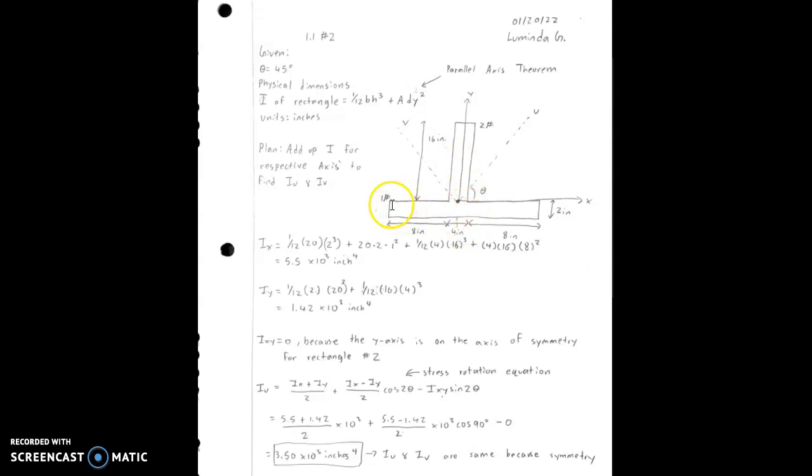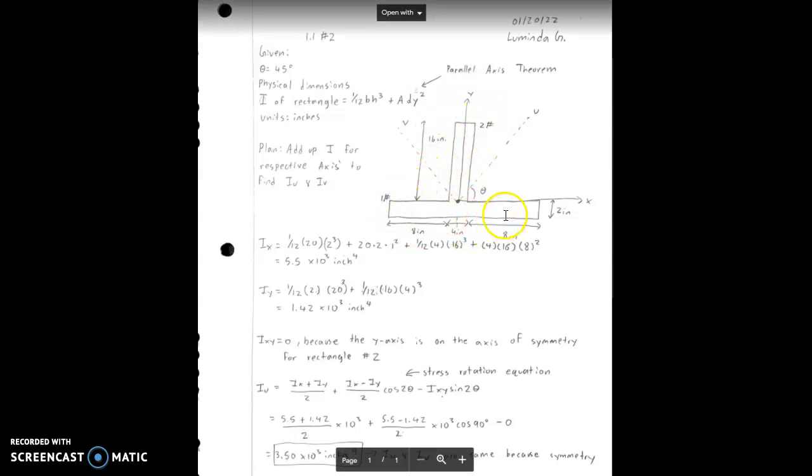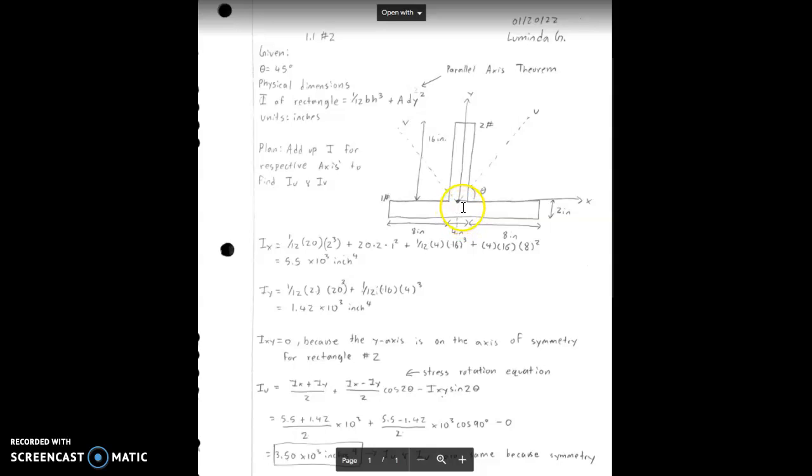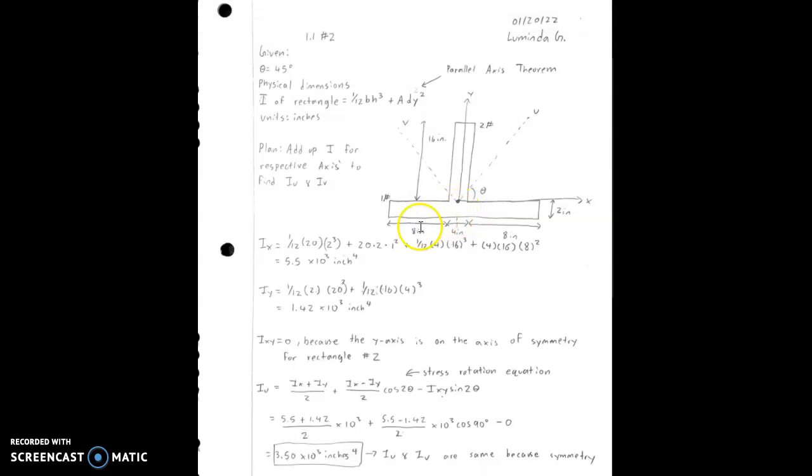For example, I've labeled each of these rectangles. So this is number 1, number 2, just so we know which ones we can refer to. In this case, the dy squared is 1 squared because it's the distance from the x-axis.